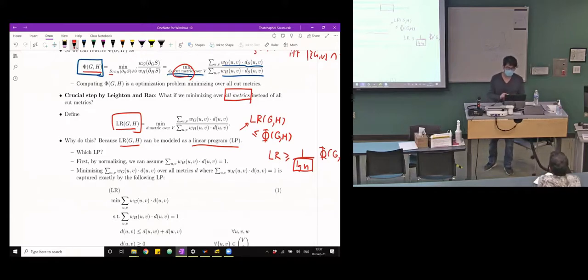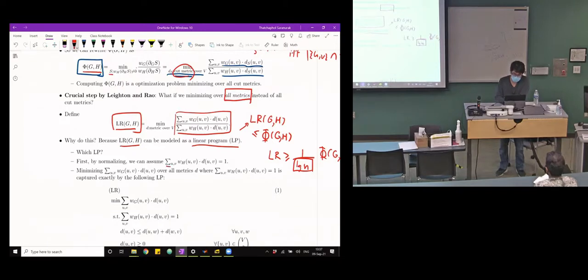Once you can write it as an LP, you can solve it, right? So that's one good thing about it. Let's see why we can write it as an LP. First of all, this is a minimization problem where what we want to minimize is a ratio. So let's normalize it.